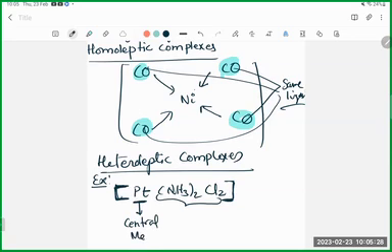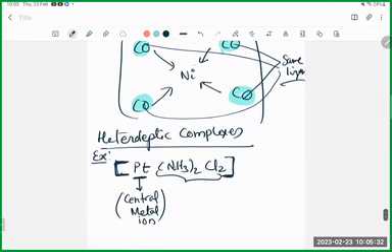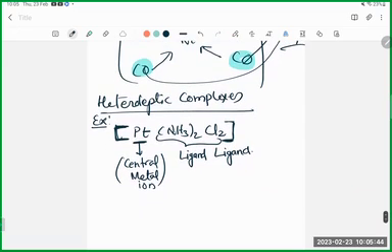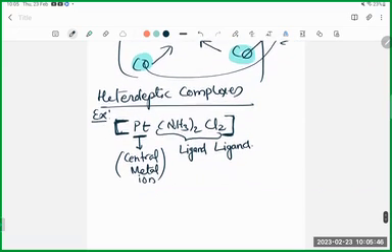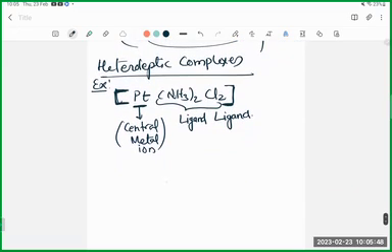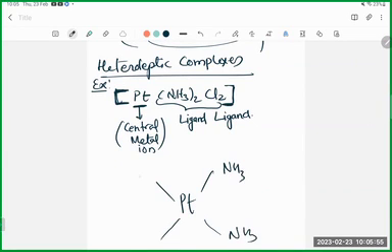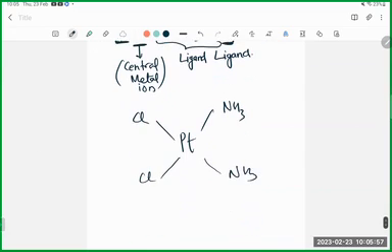As I said, the central metal ion will always be from the d-block elements. So one central metal ion and the rest all ligands. Are you clear? This is one type and this is another type of ligand. Since we have ammonia as one type and chlorine as another type, we call it heteroleptic. It can have two possibilities: ammonia can go to the same side, Cl can go to the same side, or they can go to different sides.